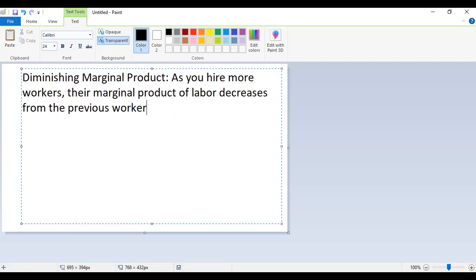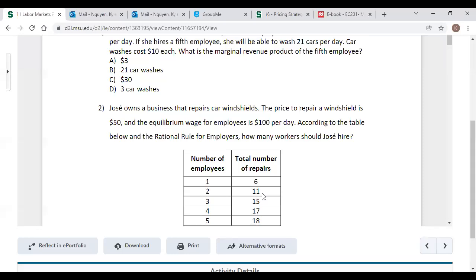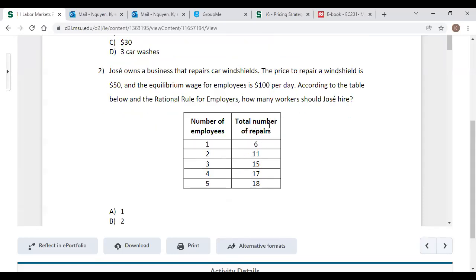That's what it looks like in practice. That's probably a lot more sophisticated in the book. The best way to describe this is I want you to go back to the previous problem. You notice how initially we went from 0 to 6, so we made an additional 6 repairs, then an additional 5 repairs, then an additional 4, then 2, then 1. You notice how each additional worker made just a little bit less than the last worker? That's what diminishing marginal product is.